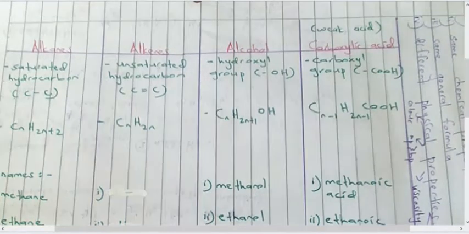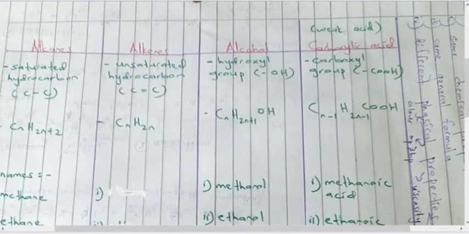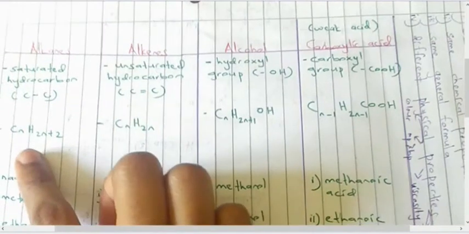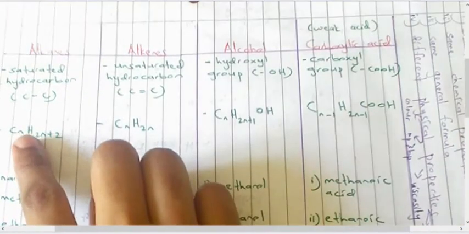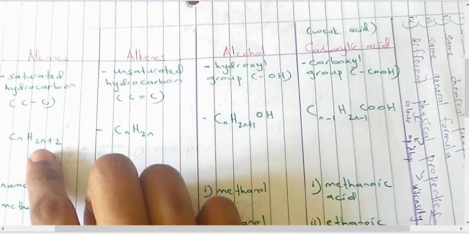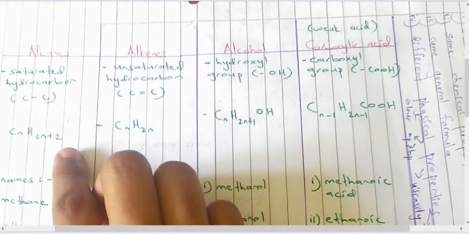Then the next thing that I said was they have the same functional group, same general formula. The general formula of alkane is CnH2n+2. Alkene will be CnH2n. Alcohol will be CnH2n+1OH.